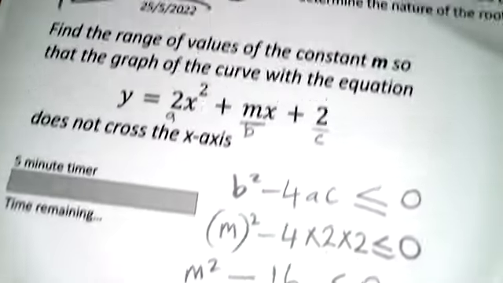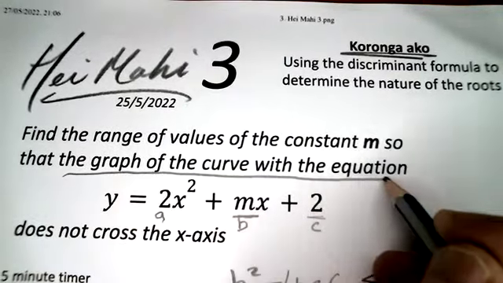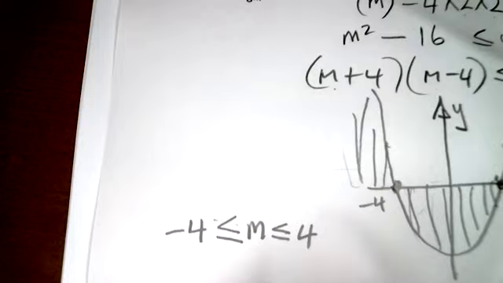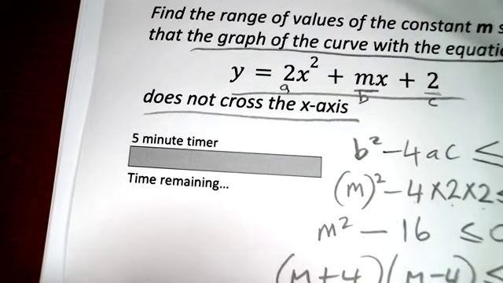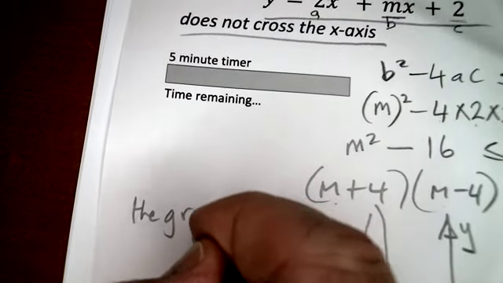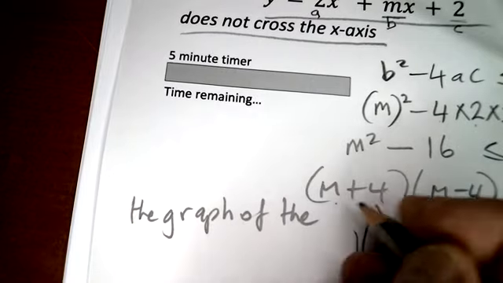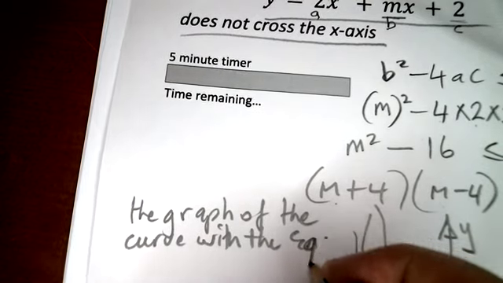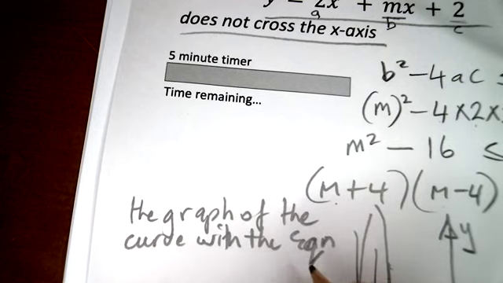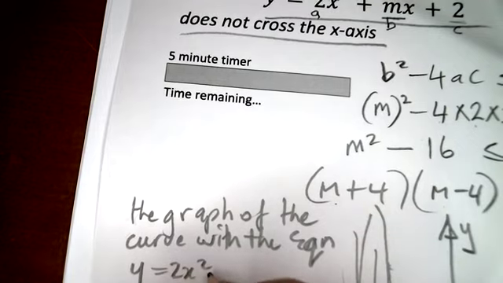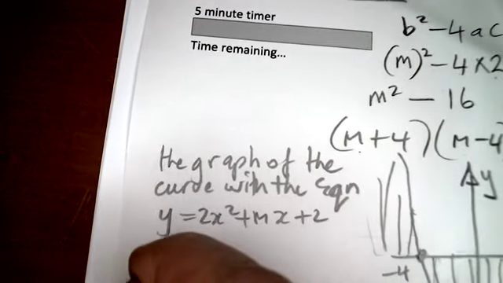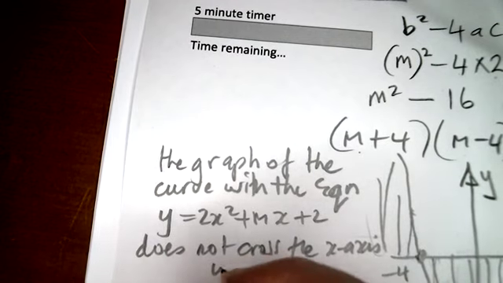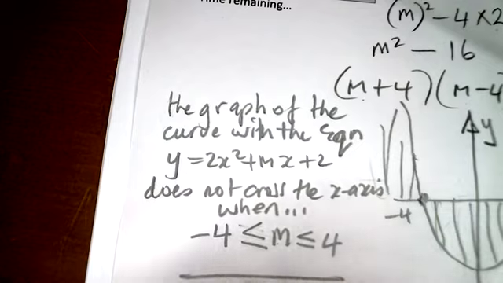So we should say: the graph with the curve of the equation, as I'm using EQN as my abbreviation for equation, y equals 2x squared plus mx plus 2, does not cross the x-axis when this thing here is true.